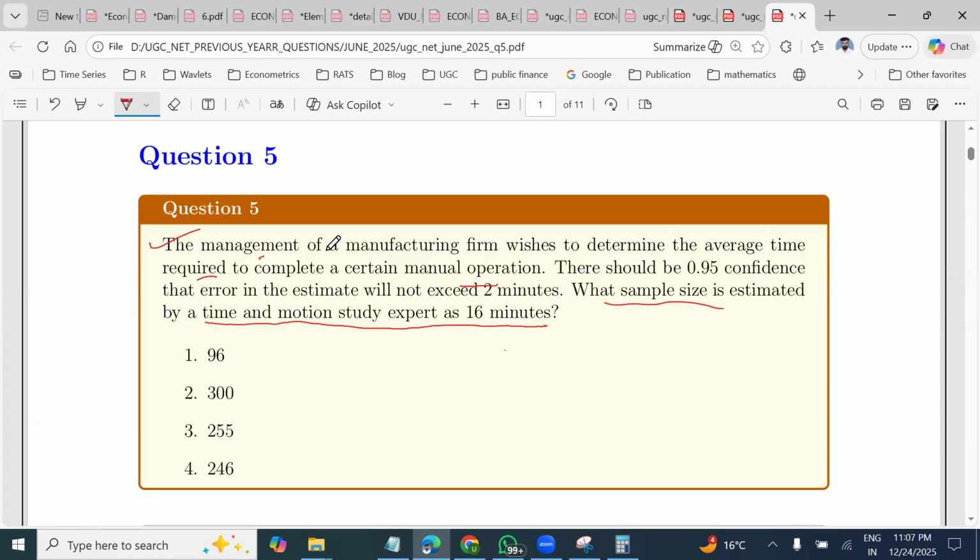They want to calculate with 0.95 confidence, basically 95% confidence level, and the margin of error should not exceed 2 minutes. And then the standard deviation is estimated by a time and motion study expert as 16 minutes. Because it is given by the expert, it is not coming from the sample, na? Are you getting my point? It is given.